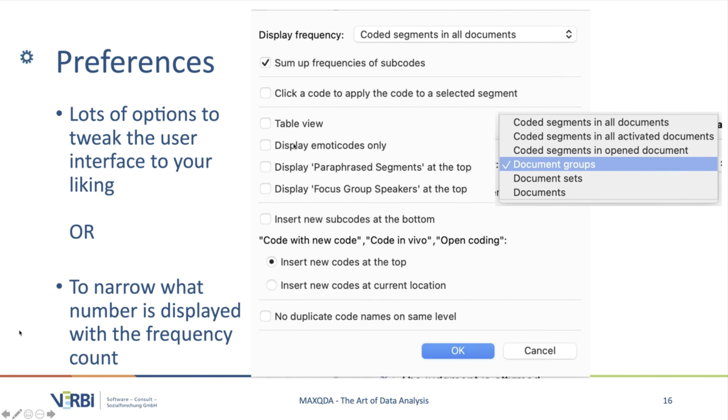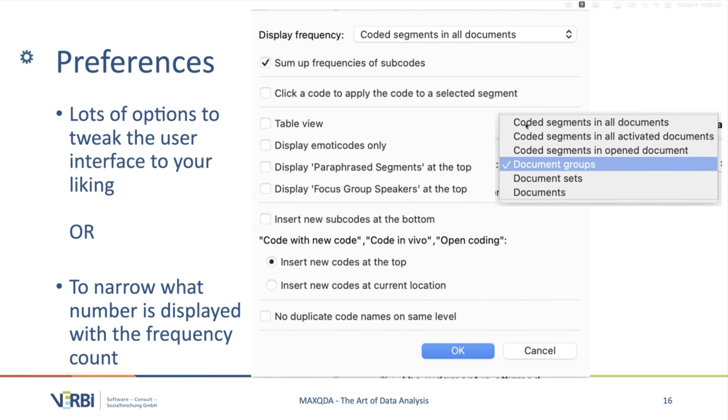The preferences icon provides a lot of options, many of which I, again, don't really use as much as I probably should. An ability to tweak the user interface to your liking. You can change it so that the display frequency shows coded segments in all documents, in activated documents, or coded segments in the open document.